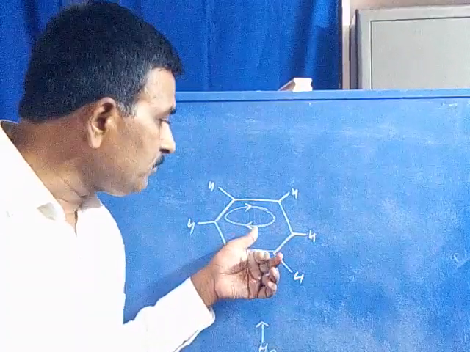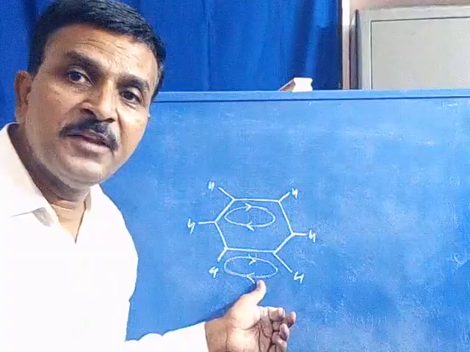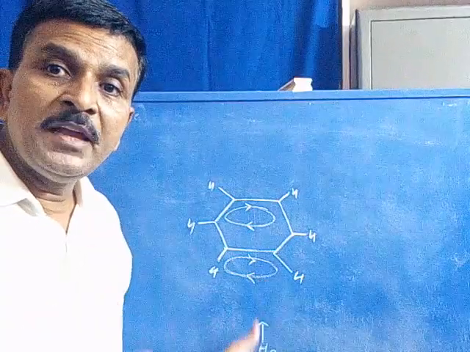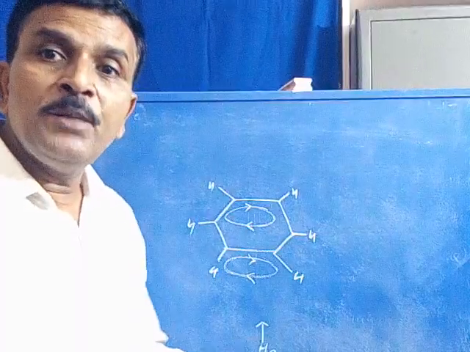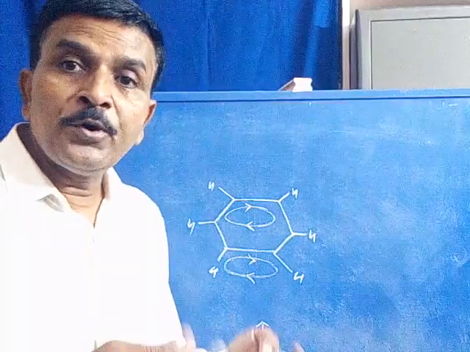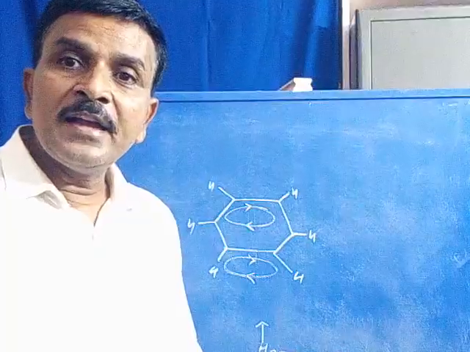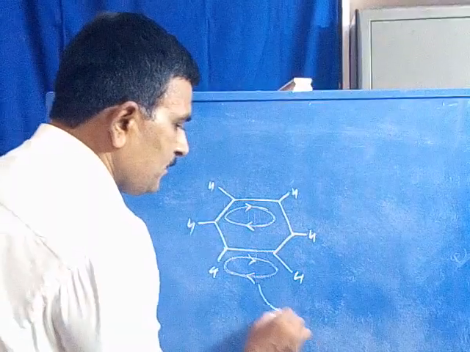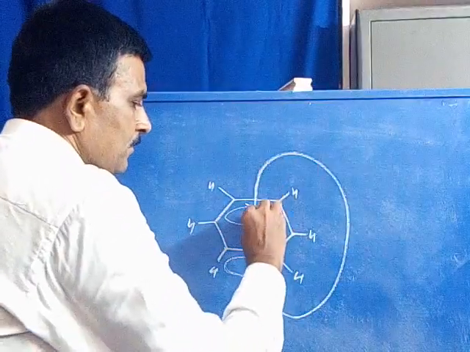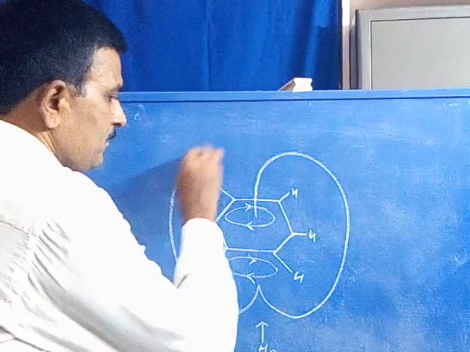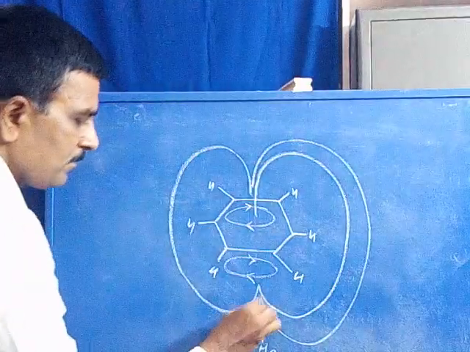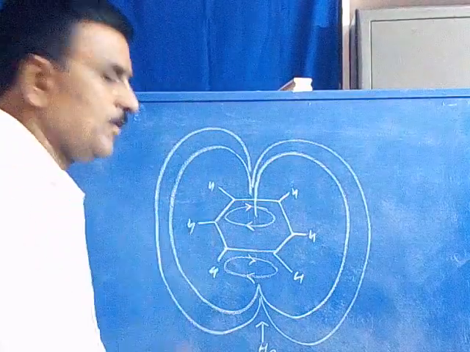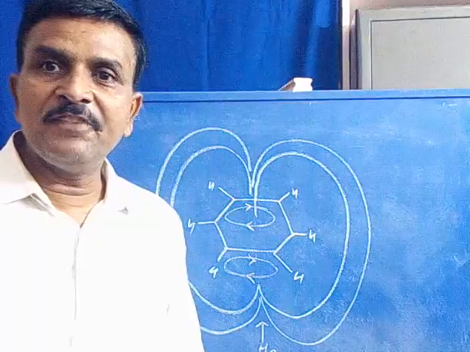Here, the 6 pi electrons of benzene are induced by H0 to circulate above the plane and below the plane of benzene to produce a secondary magnetic field.